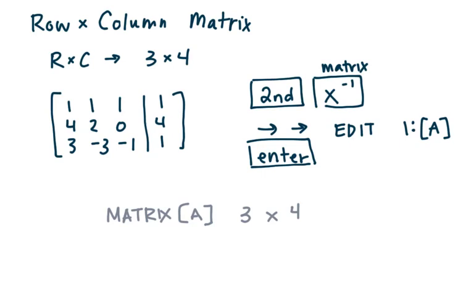You are going to want to enter, and it's going to go horizontally across row by row. You're going to enter 1, 1, 1, 1, 4, 2, 0, 4, 3, negative 3, negative 1, and 1. And you want to scroll through using your arrows, make sure all of those values are correct.